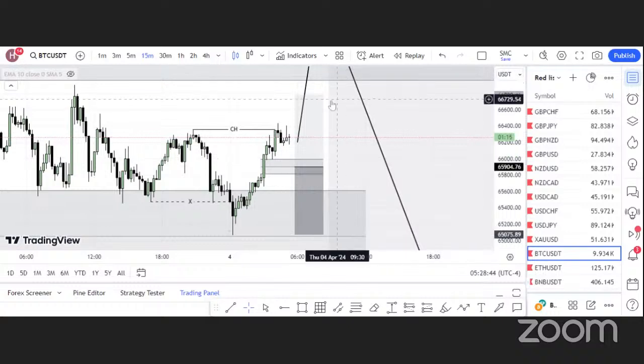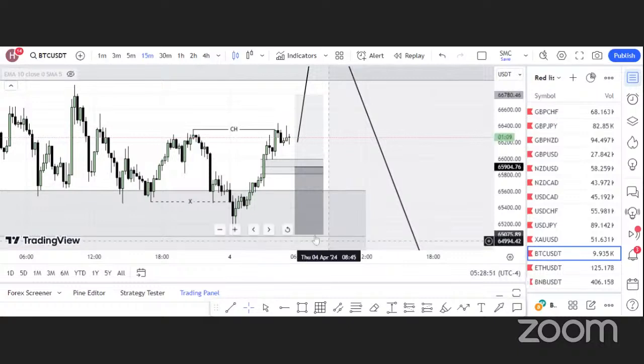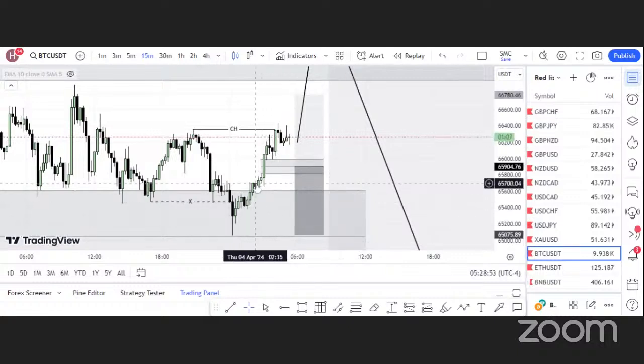But instead of the market continuing to create bullish candles from this area, the market printed a bearish candle, coming back down to where we had a previous bearish candle.